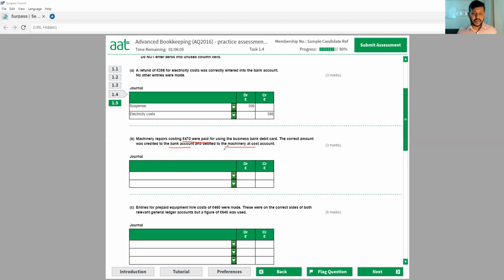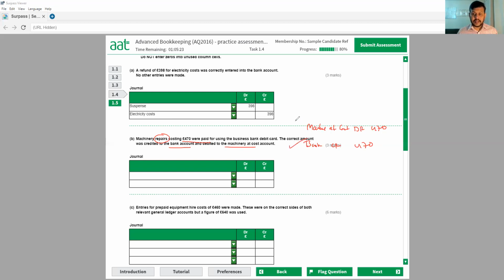I said machinery at cost debit 470 and paid from the bank, so bank is credit 470, but the question says it was for the repair. It is an error of principle, isn't it? We paid for the repair, but by mistake we said we bought the asset, we bought the machinery. It's not true. I just paid for repair and maintenance, but I didn't buy that machine. So that's my mistake. Bank is okay.